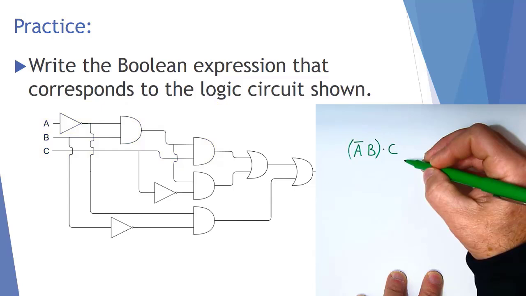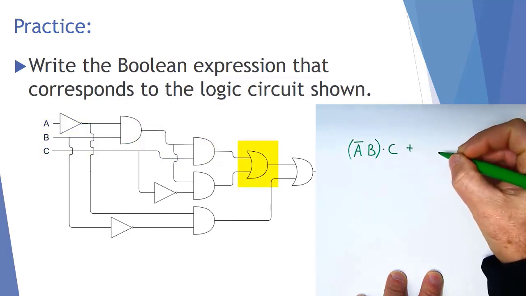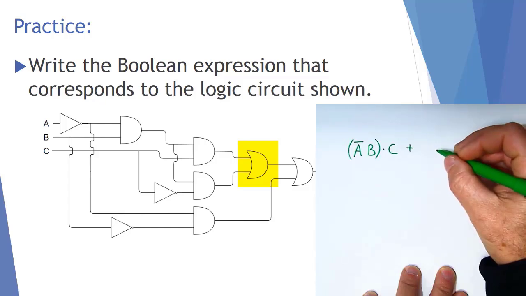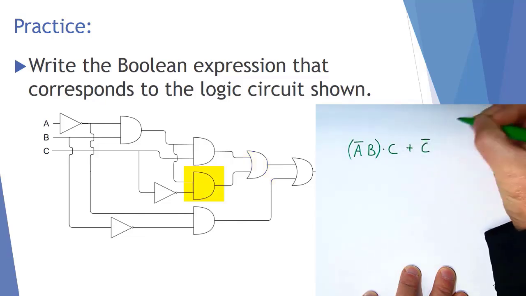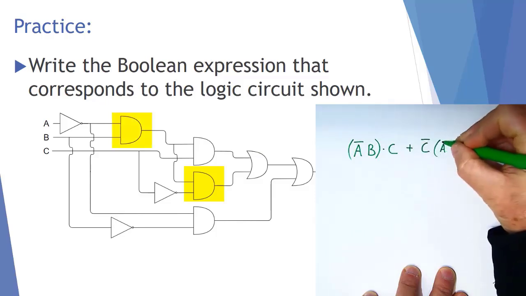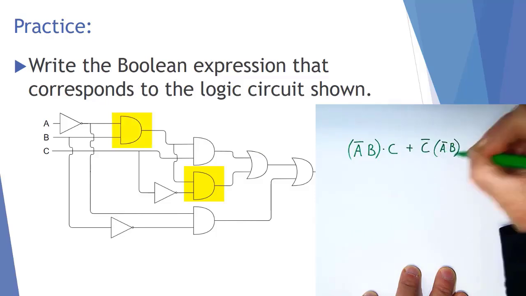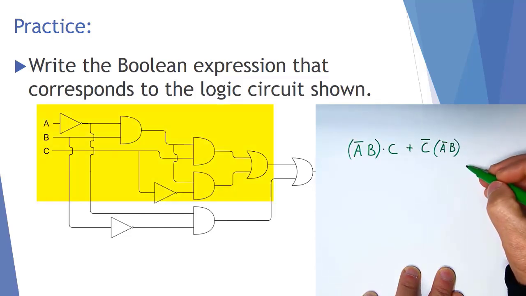Now, that result goes into an OR gate, so we can add on to that the other thing that's feeding our OR gate, which is an AND gate that's fed by the negation of C and the same thing we had earlier, the negation of A times B. And at this point, what we have is shown and shaded on your screen.